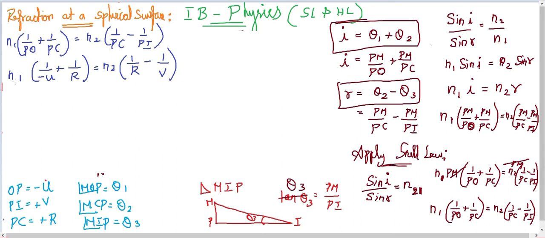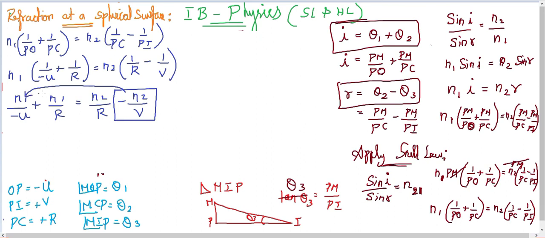So n1 divided by minus u plus n1 divided by R is equal to n2 divided by R minus n2 divided by v. So let's rewrite all these things. This can be brought here and this can be brought to this side.